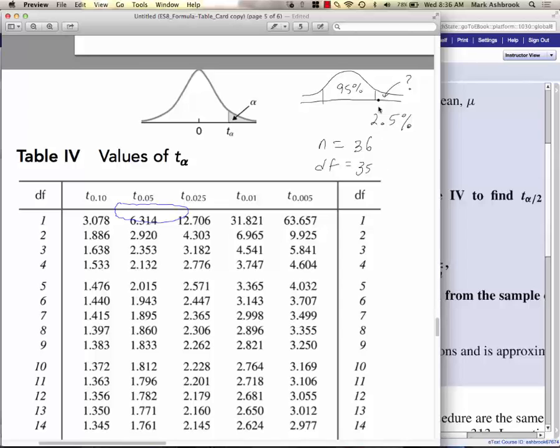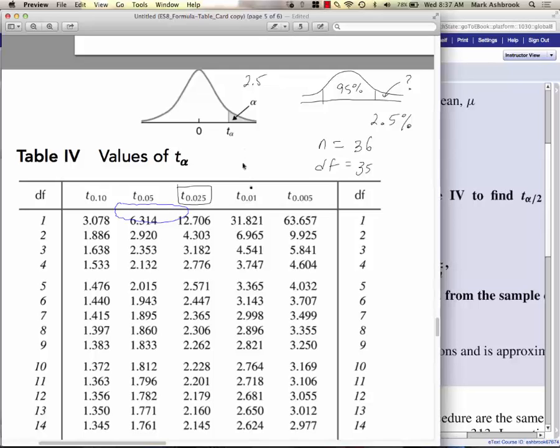And we want the t, so it's showing here alpha. We want that to be 0.025, right? The 2.5% would be 0.025, and so we're looking right there. We want that value of t, because we want 0.025 to the right with 35 degrees of freedom.